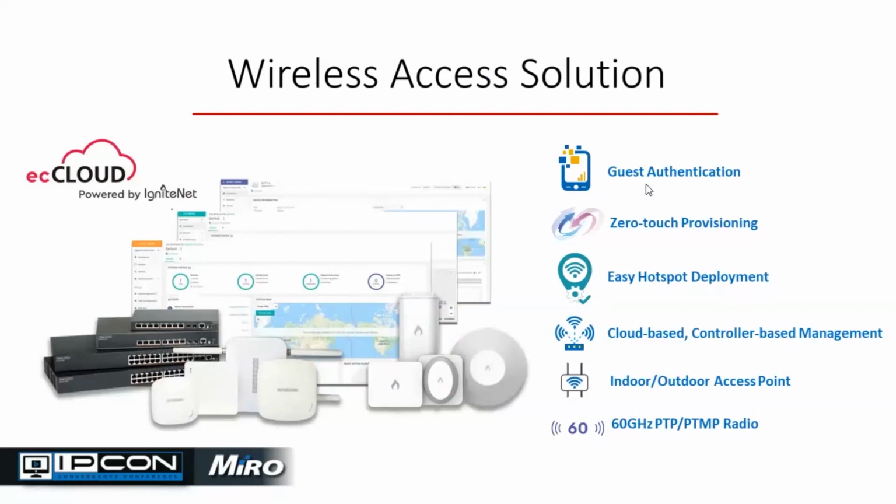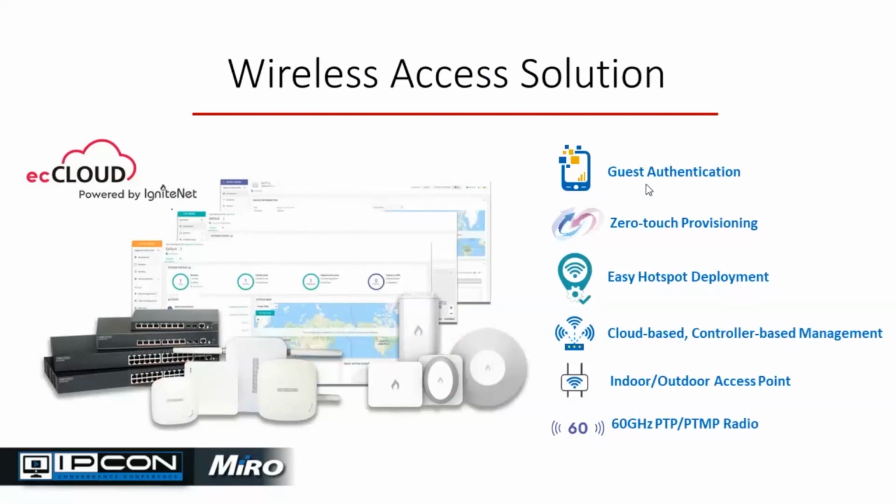Via this EC Cloud platform, you do get your guest authentication feature. So you can create custom splash pages, multiple SSIDs and so forth to obviously serve different types of client bases. If you're looking at, let's say, a hospital, you might have a requirement to serve different types of clients.